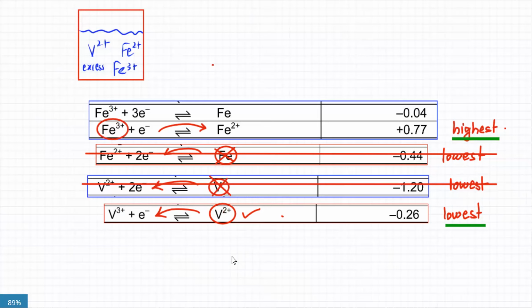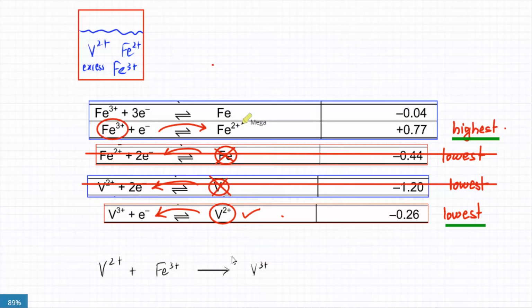And I'm going to add up the reactants and the products. The electrons are already balanced, so we can be quick with this. So who's my reactant? V2+. Who's my other reactant? That's Fe3+. And then I have my product, which over here is V3+.